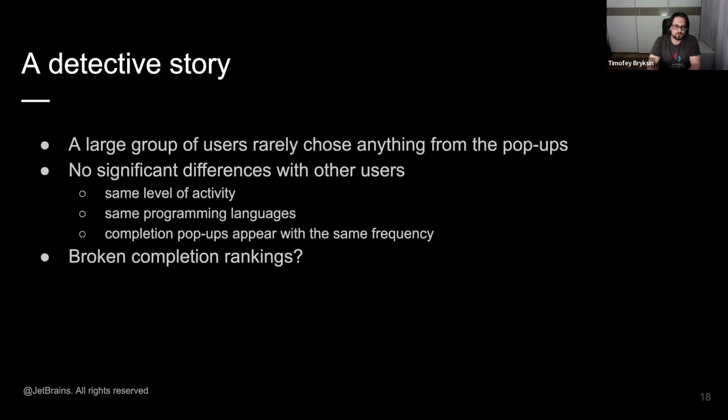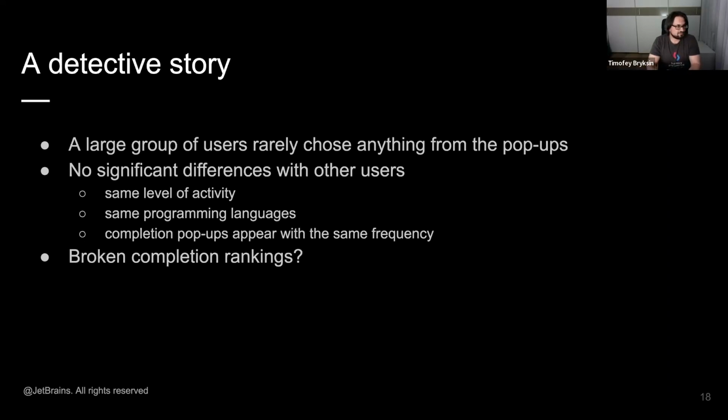We started to see how this group was different. These people had the same level of activity. They used the same programming languages. The completion pop-up appeared with the same frequency for them as for other users. They were basically the same, but for some reason they didn't use completion pop-ups.